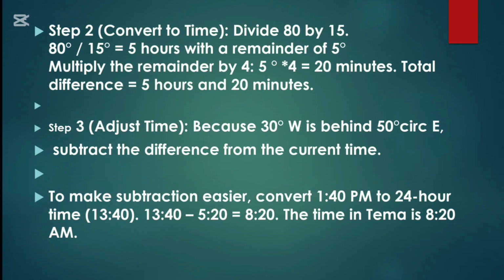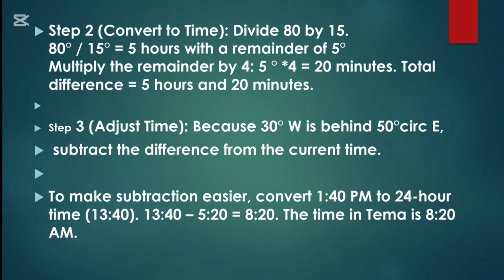So what you have to do is, after dividing 80 by 15 and getting 5.33, you multiply the 5 by 15 and see the number that you get. If you multiply 5 by 15, you get 75. So meaning 75 degrees gave us that 5 hours, and the remainder is 5 degrees.